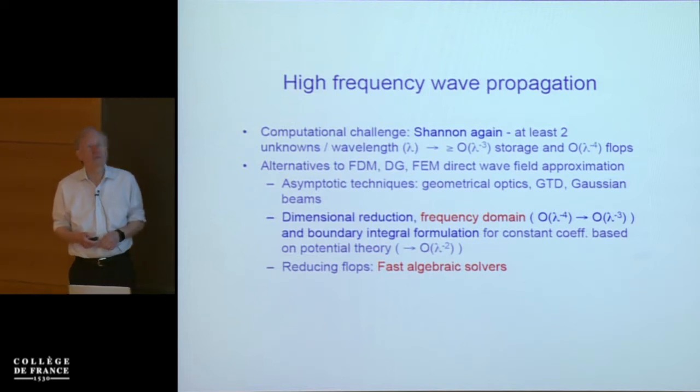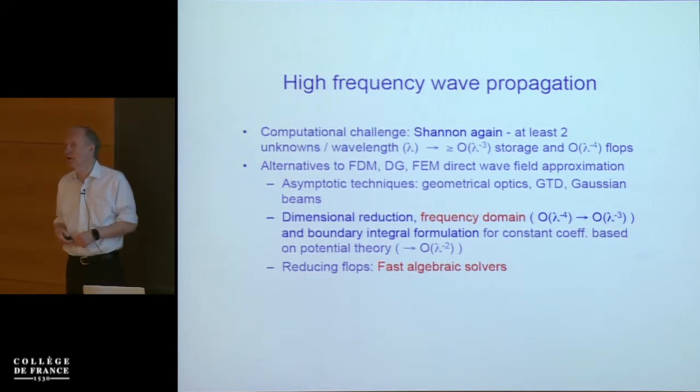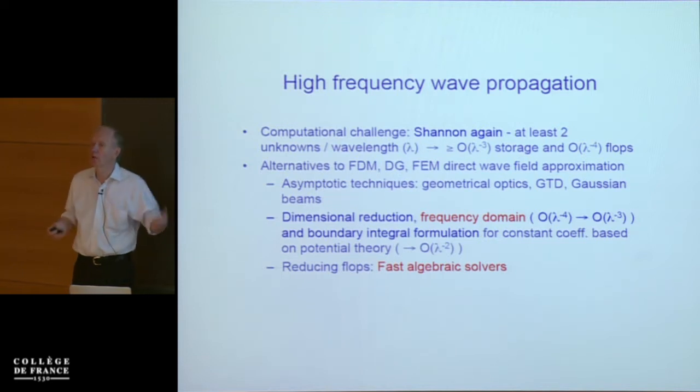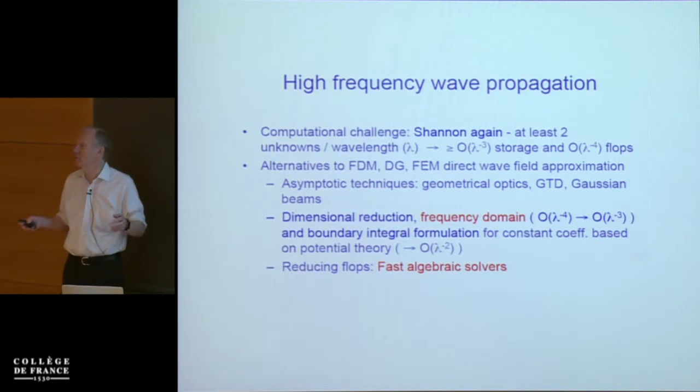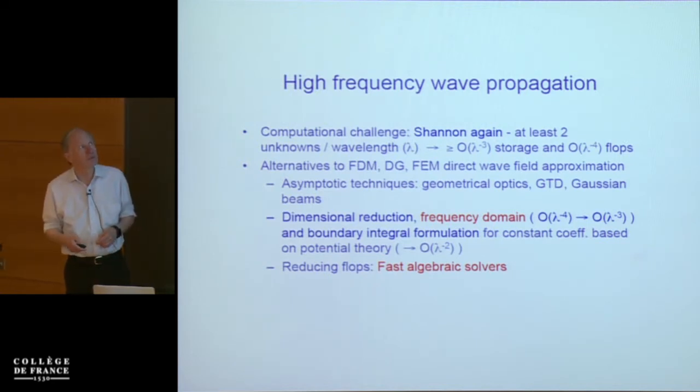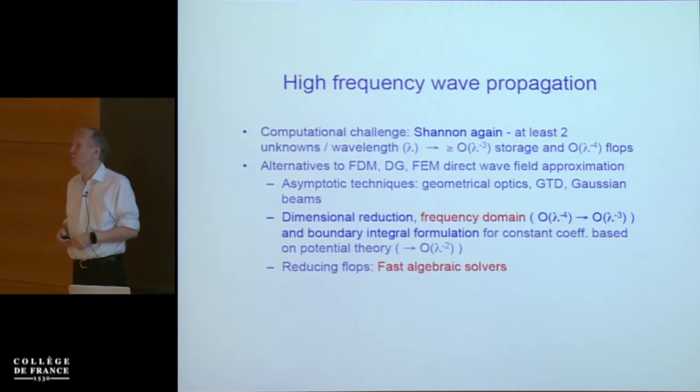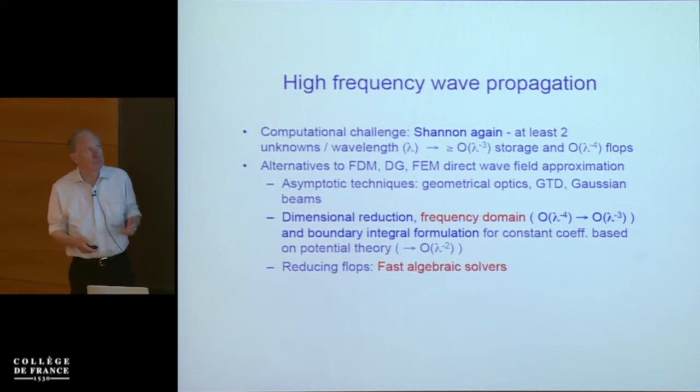You can do a little bit there. You can reduce the dimension that you have. Instead of 3D plus time, go down to 3D by looking at the frequency domain. Very often that is an approach where it's dual. If you have broadband signals, of course, you need many of those. And if you furthermore have constant coefficients, or at least piecewise constants, then you can rewrite it in potential theory as an integral equation, and then reduce the dimension to only solve on the manifold.